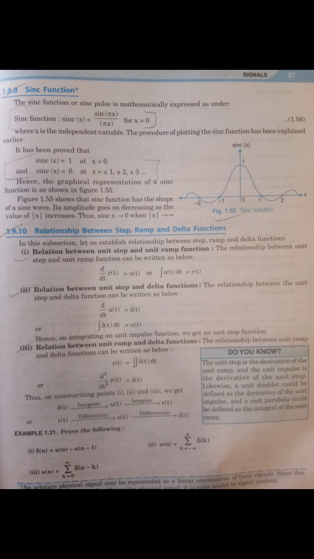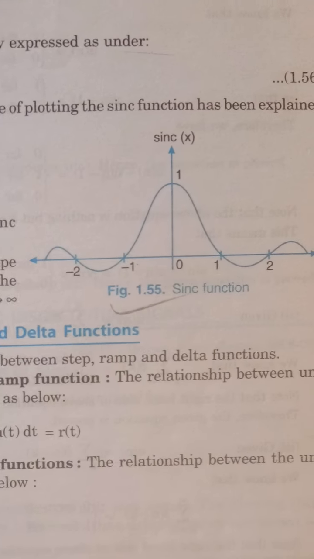It can be represented mathematically as sinc x is equal to sin(x pi) upon x pi, for x not equal to 0. x is the independent variable, and sinc x is equal to 1 if x is 0, and sinc x is equal to 0 at x equal to plus minus 1, plus minus 2, and so on, up to n integers.